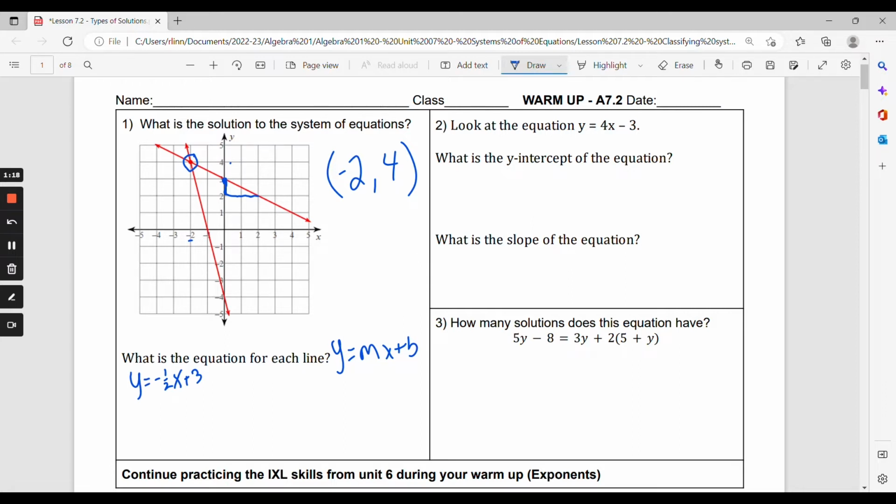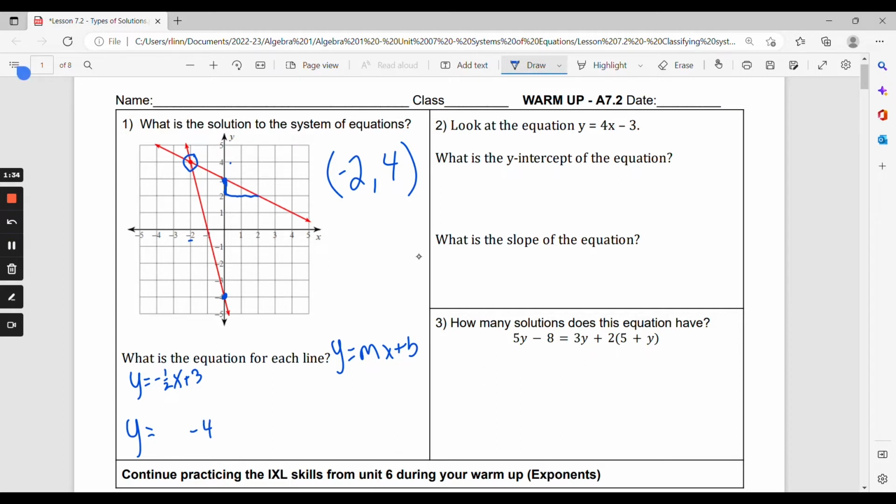Now my second line, I need to do the same thing. I need to start out with y equals mx plus b. So I'm going to look for y equals, my y-intercept is down here at -4. So instead of plus 3, I'm going to have -4.